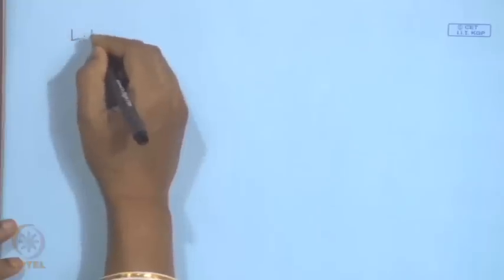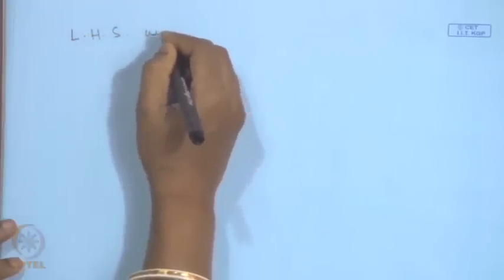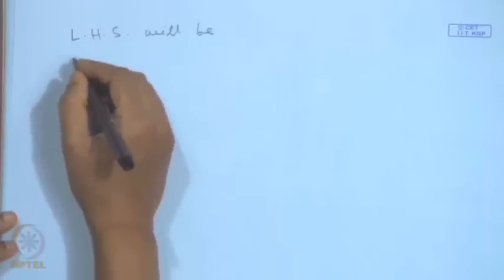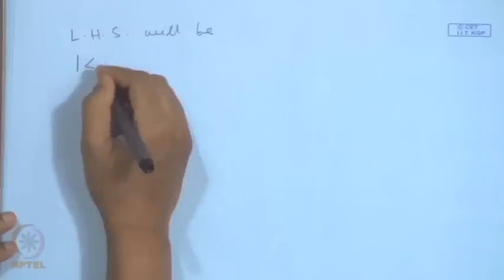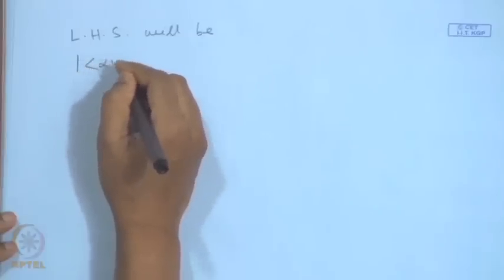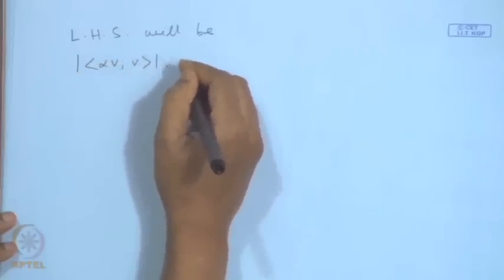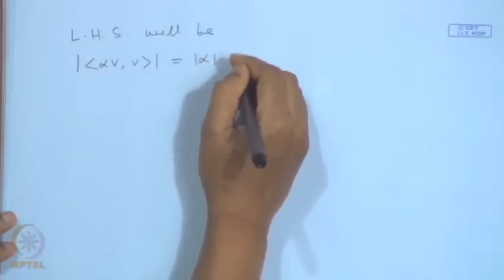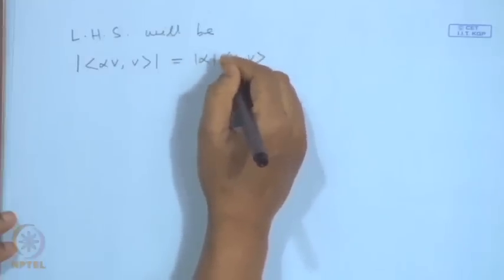So, the LHS will be the absolute value of inner product of alpha v, v, which is equal to absolute value of alpha times inner product of v with itself.